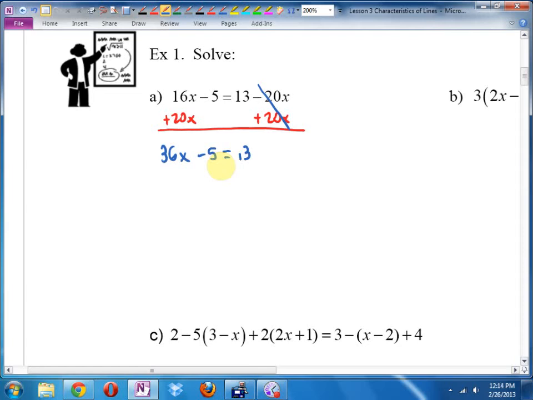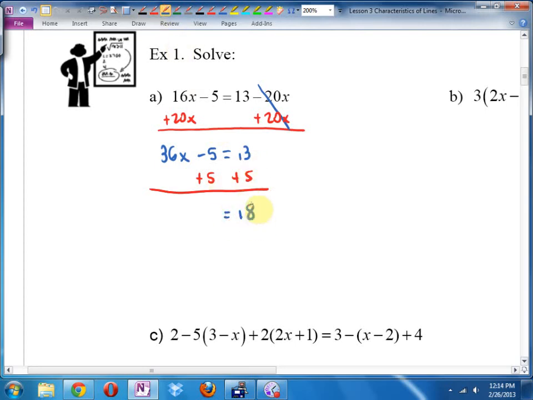I'm still in my felt sad approach. I'm still in the A and S subtracting and adding things. What do I want to do now? I want to add 5. I'm going to drop my equal sign down, keeping them in line.